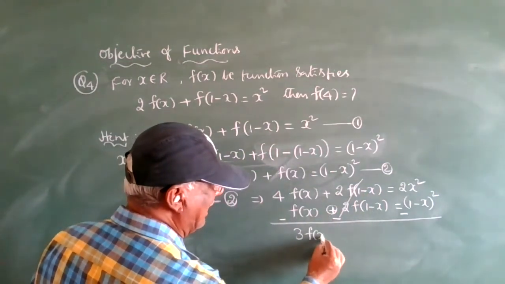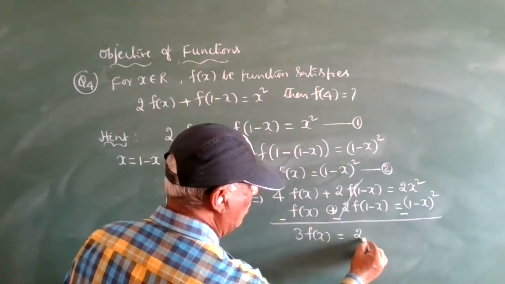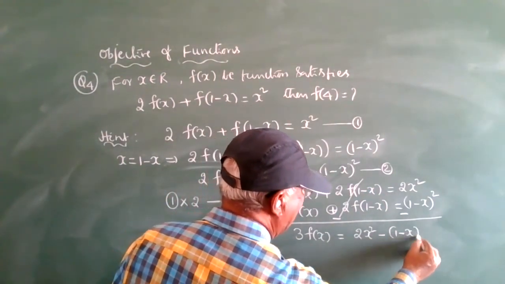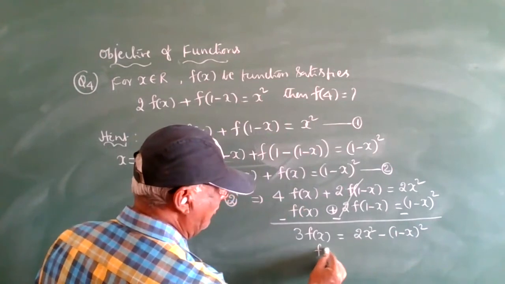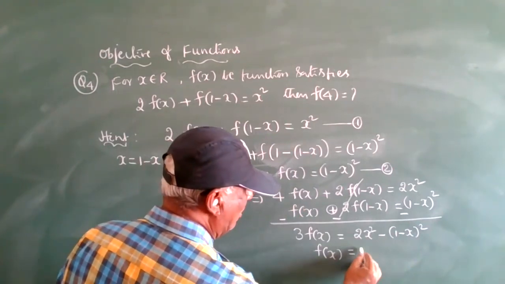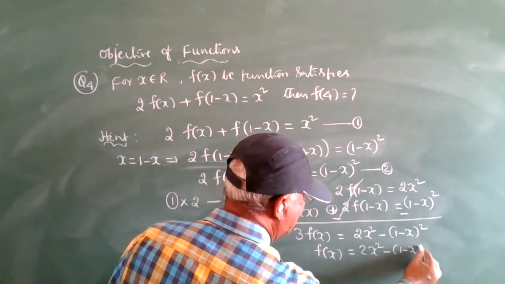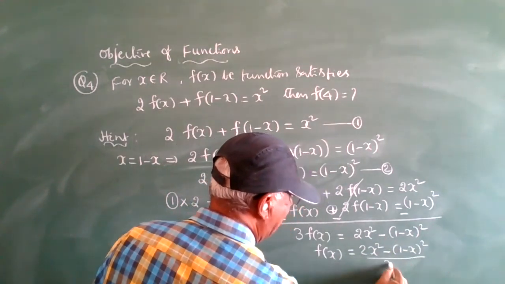3 f of x is equal to 2x square minus 1 minus x whole square. F of x is equal to 2x square minus 1 minus x whole square by 3.